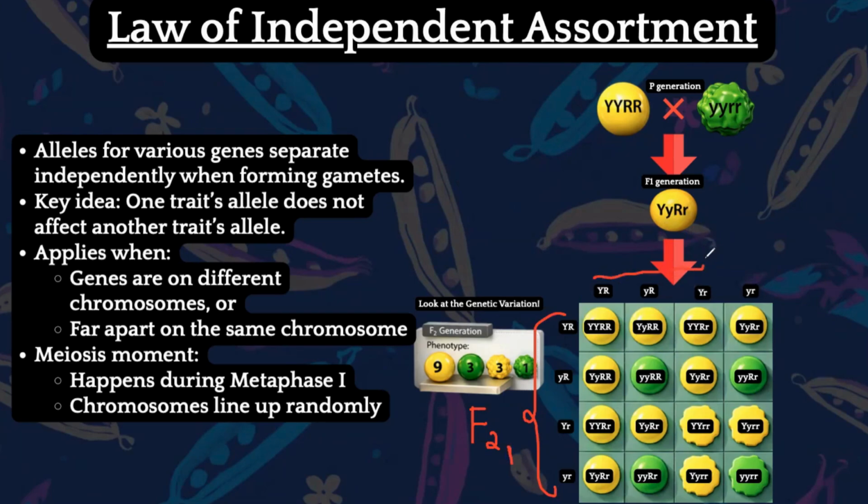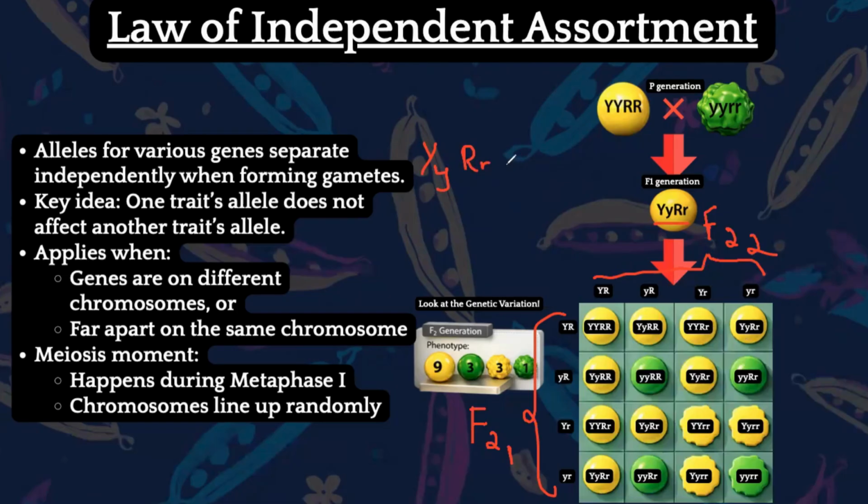And then I'm going to rewrite this as F2 because this is the second generation, but this is parent 2. Now, if we were supposed to figure out what the lettering is, you have to find all the possible combinations. So I'm going to rewrite all the possible combinations here.